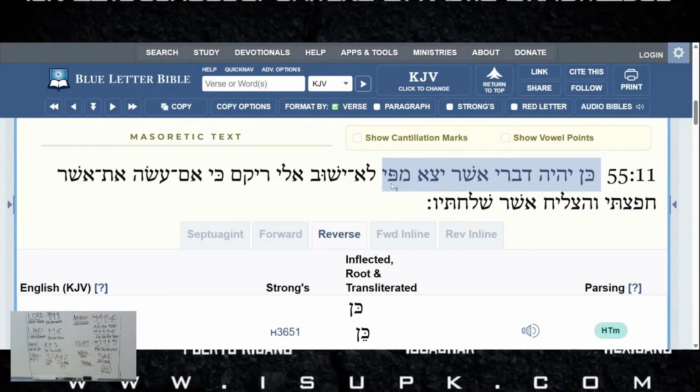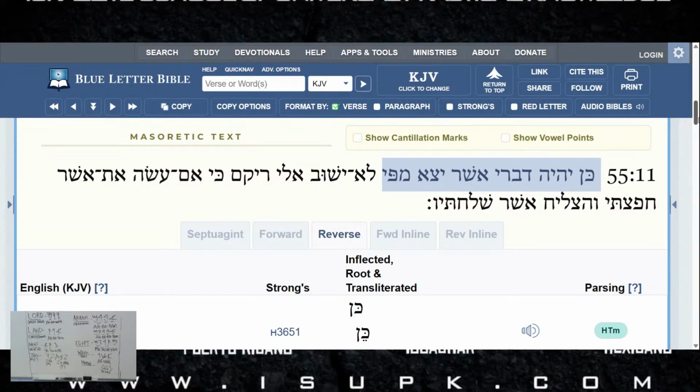Mapaya is mouth, is my mouth. Now also could be saying, so it happened, or so it came to pass my word which went out from my mouth, or from my mouth, right? Or went out my mouth. Same thing. It could be saying either one.